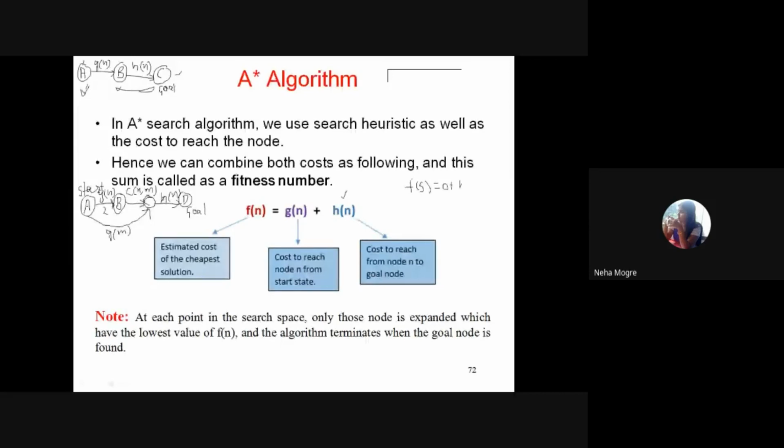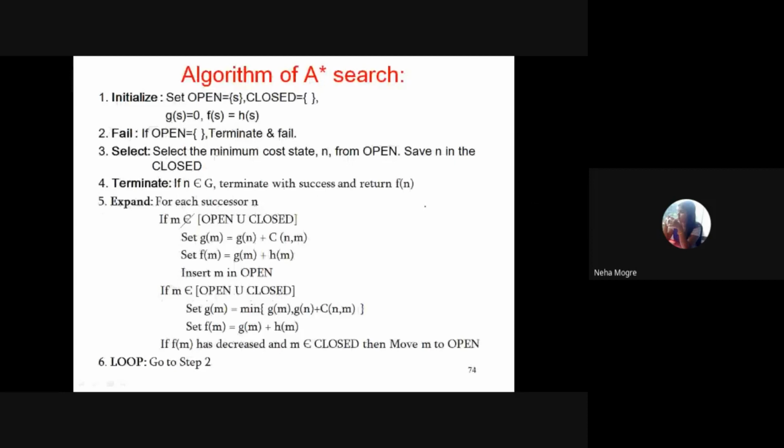So f of s equals h of s, because g of s value is 0. The same thing has been written here: f of s equals h of s.